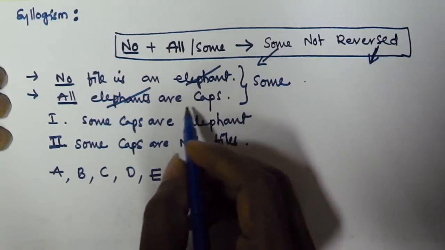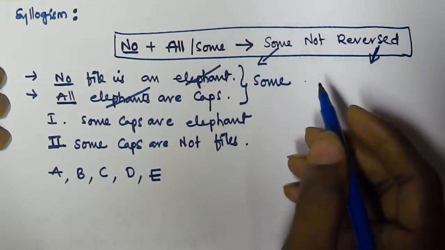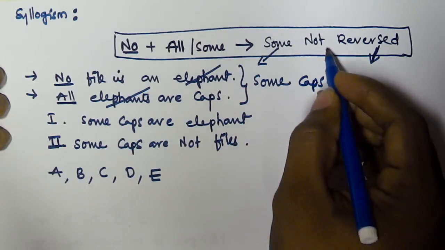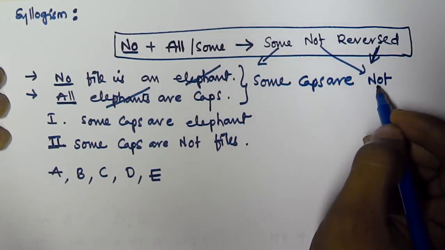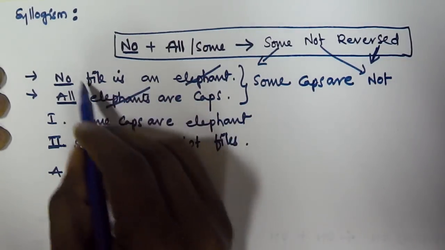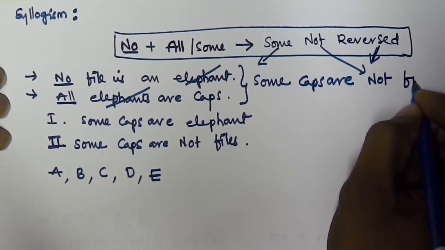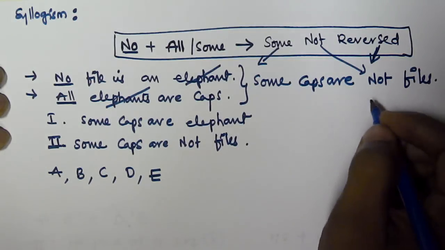So the predicate of the second one we take as the subject. That is, some caps are, then we take not, and then we take the subject of the first one as the predicate. So some caps are not files. This is the conclusion.